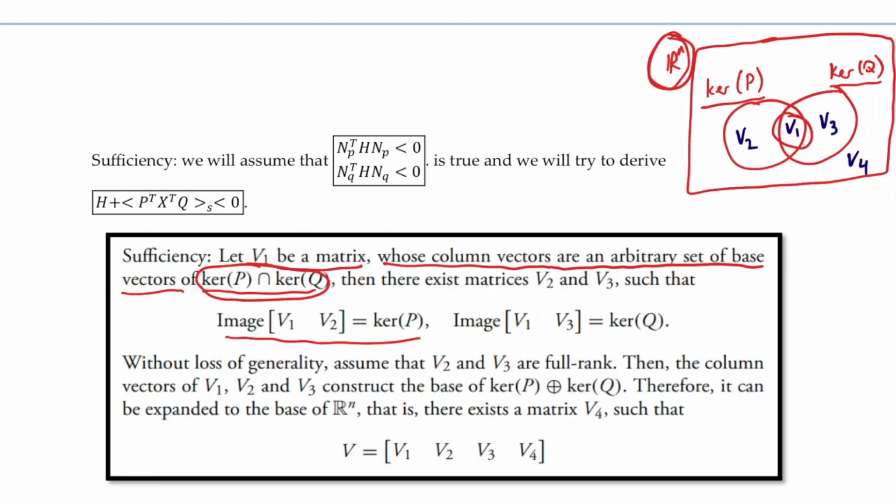And V2 is in kernel P but not in kernel Q, and now it sounds like a simple set theory type of subject.